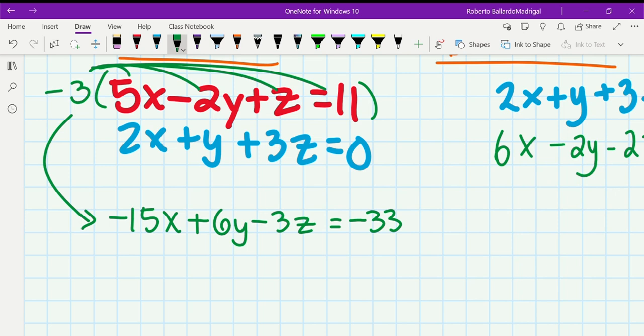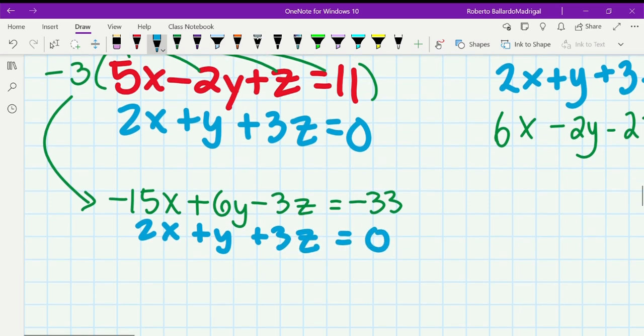Underneath this equation, we have equation B, which is 2x plus y plus 3z equals 0. And what we're going to do now is combine these together. Start with the x's.